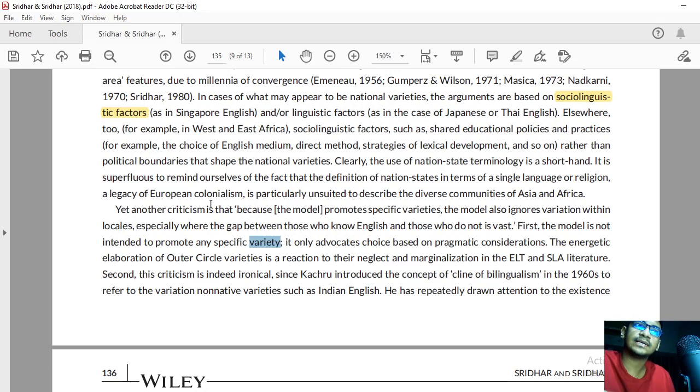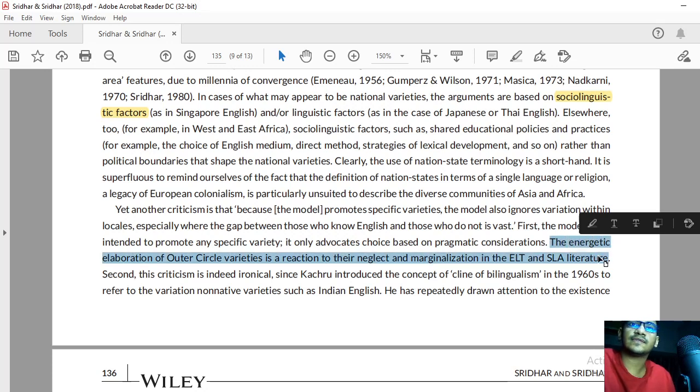Why does he do this? Does he do this because he is promoting Bangladeshi English? No, exactly. He did this because he was rather optimistic, right? He wanted to promote marginalized English varieties, which were also marginalized in the ELT and SLA literature, which means that very few research studies had been done.